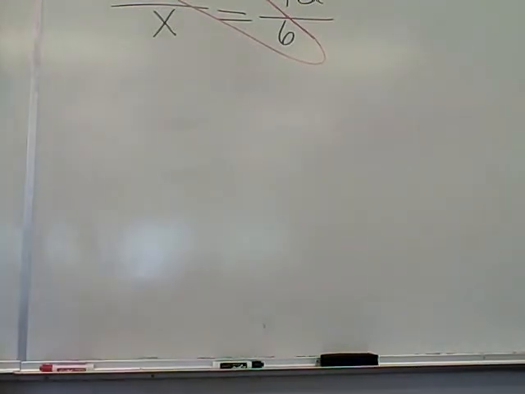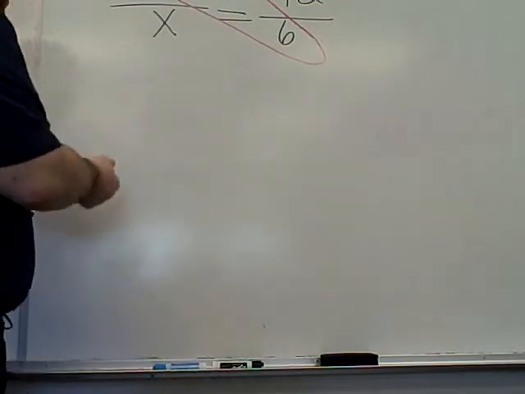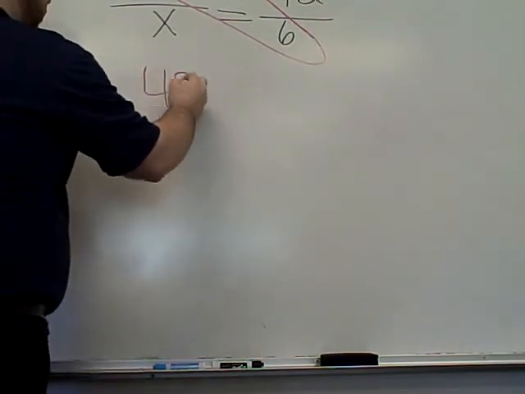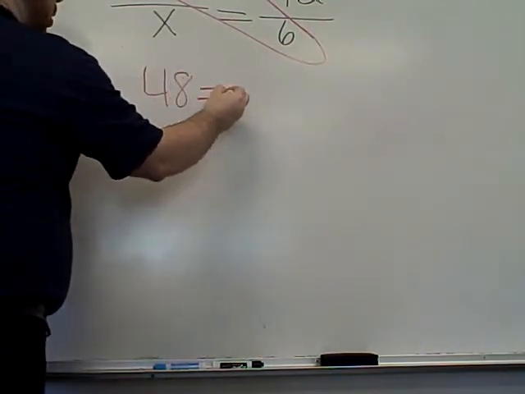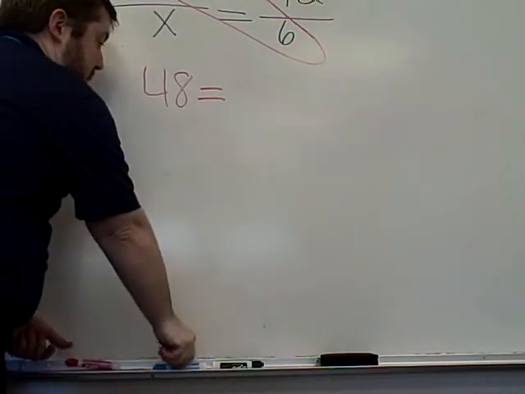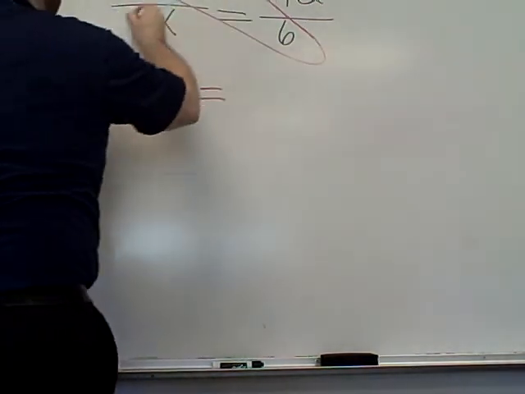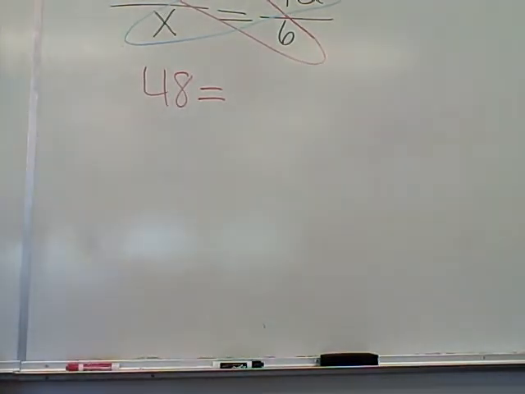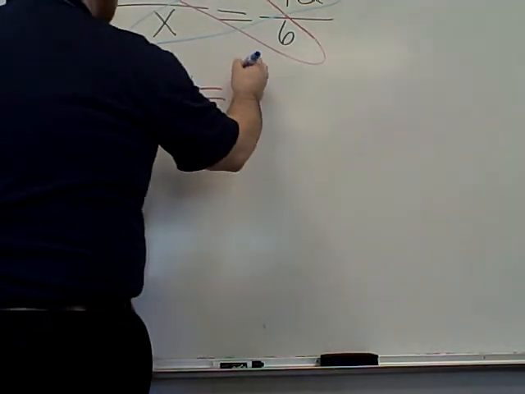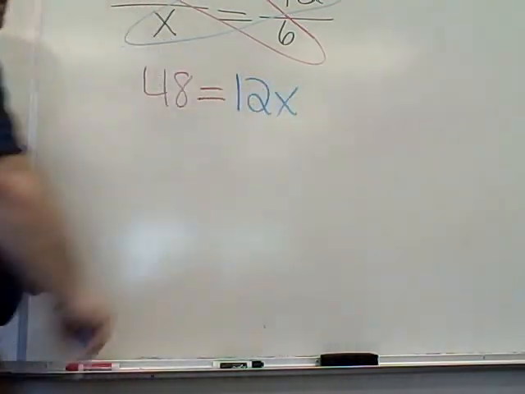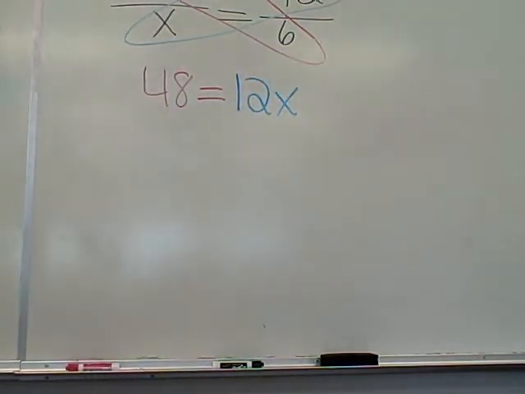You can do it either way. 8 times 6 is? 48. Equals? 12 times x. Meg Welsh? 12x. And then you're going to algebra. So you're going to solve for x. Okay?